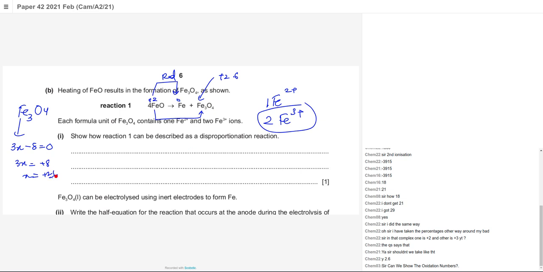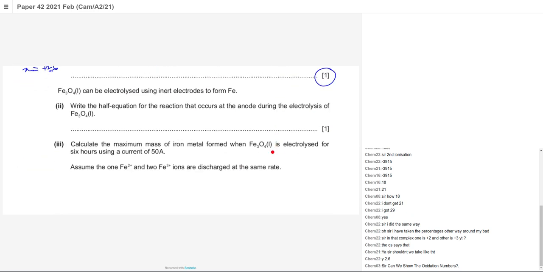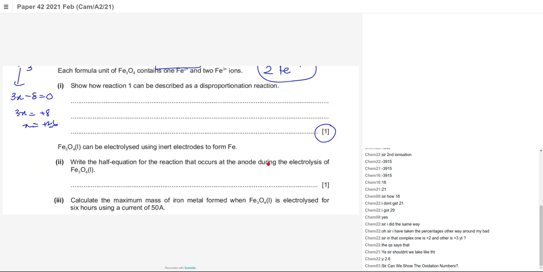Even if you take the overall state of iron, you can still show an increase in oxidation state. But for this question, that is not necessary because you know it's anyway increasing to +3. And the question carries only 1 mark, and it doesn't say using oxidation numbers. So you simply say iron has increased and decreased its oxidation state simultaneously. So it's disproportionation.